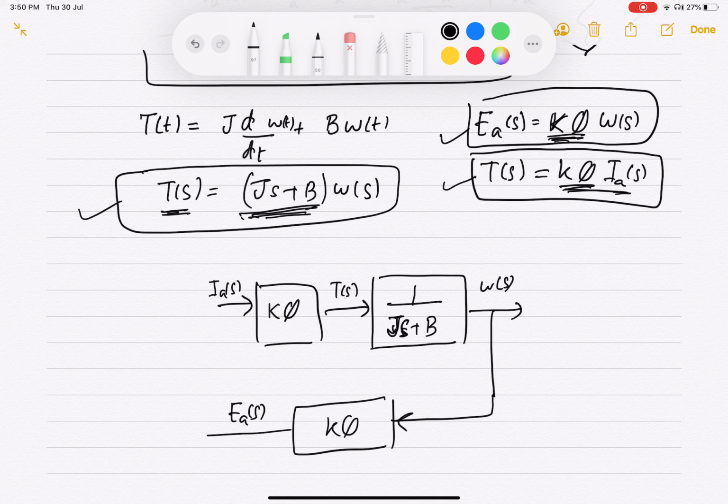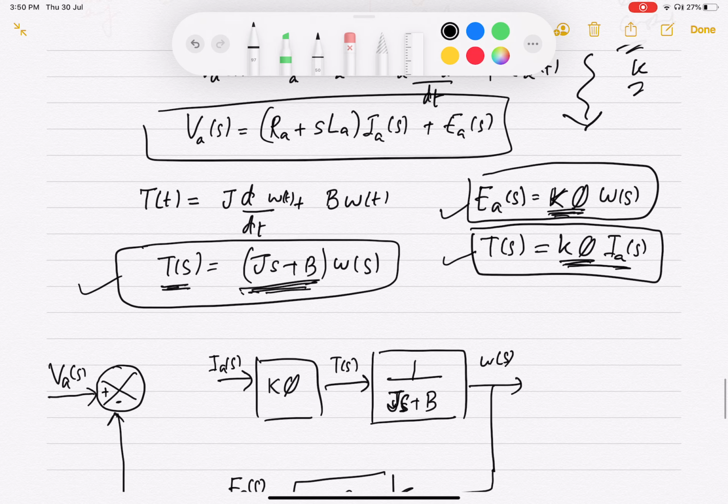And this Ea gets subtracted from the applied armature voltage Va(s). So Va(s) minus Ea(s) gets multiplied by 1 by (Ra plus sLa), and that gives you Ia(s).